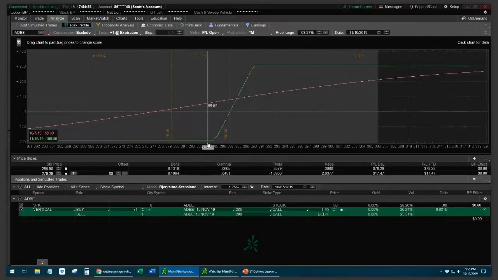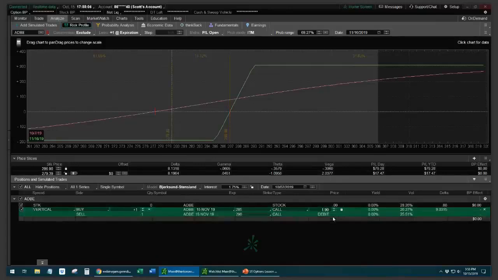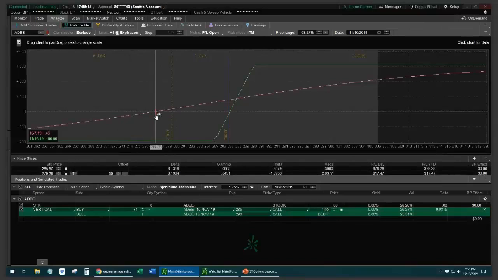So if we think, let's say we go forward in time, all right, we need to kind of evaluate, are we making money or are we not? So on this trade, as we start this out, our break even is up here at 286.87.